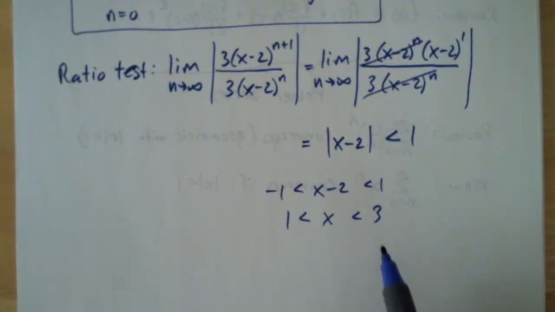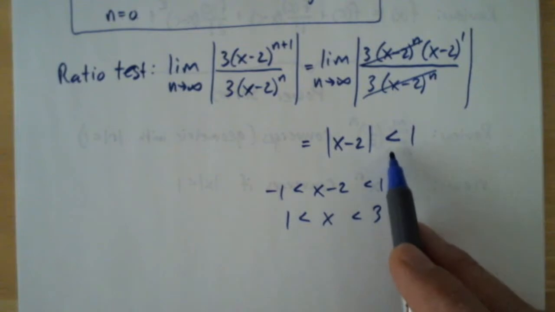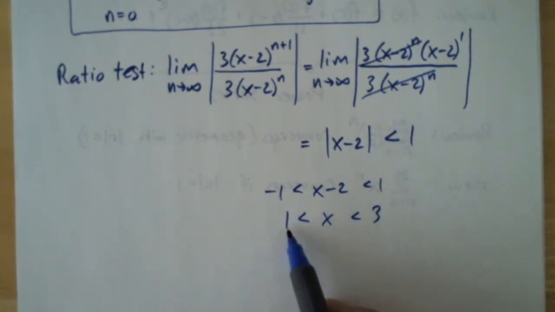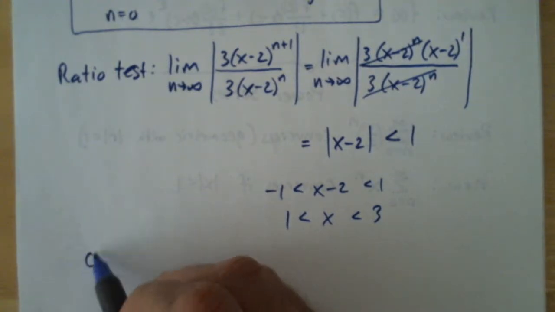And then we have to look at the endpoints. Will the series converge when x equals 1? This only says that it's strictly less than, but what's going to happen when x equals 1? So then we check the endpoints.